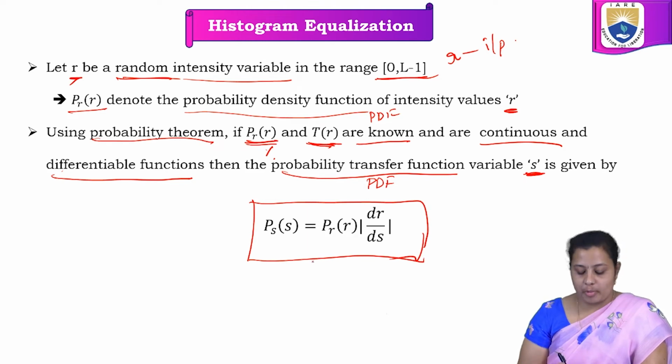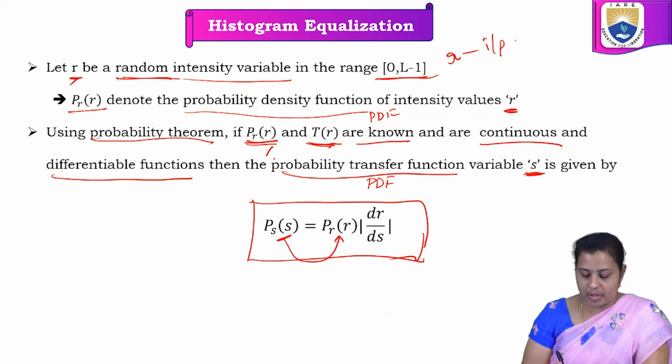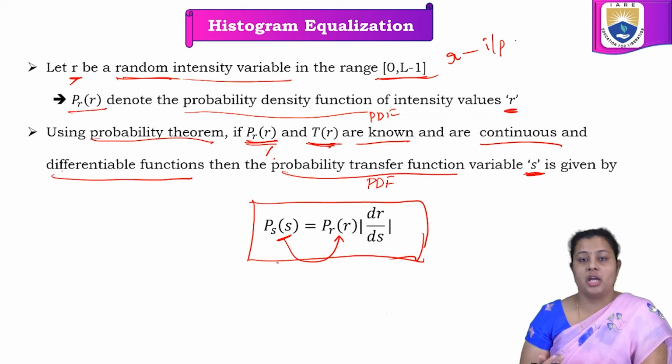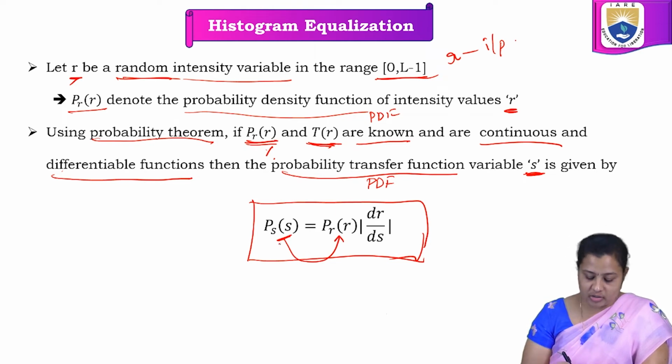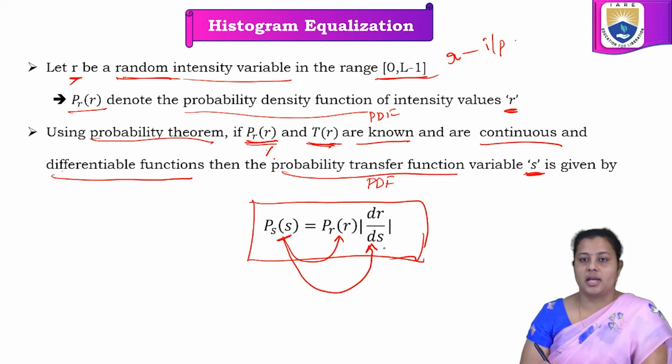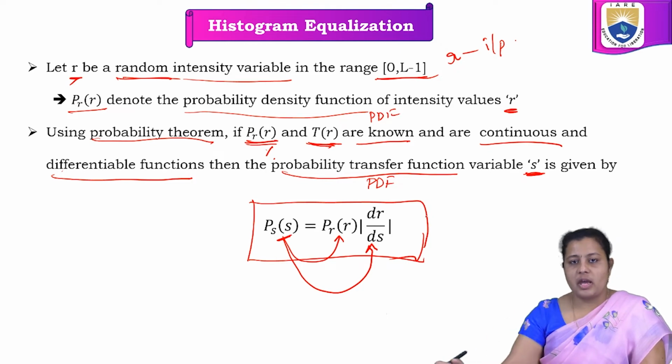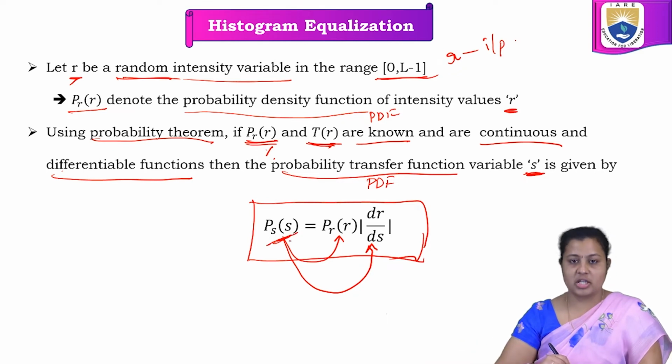So the probability density function of my output is dependent upon the probability density function of my input intensity values, and also on the transform function, represented by dR by dS. If we know the probability density function of my input intensity values, I can obtain the probability density function of my output by this equation.